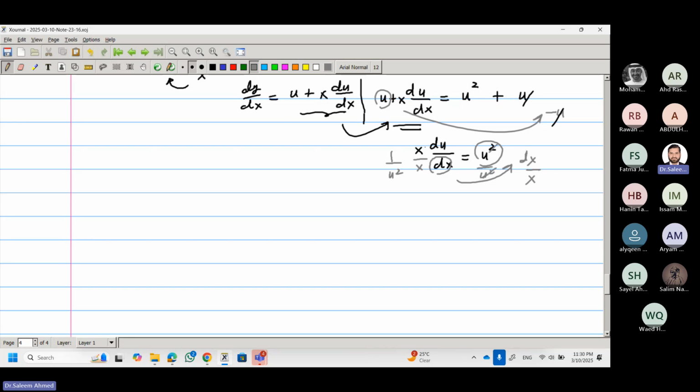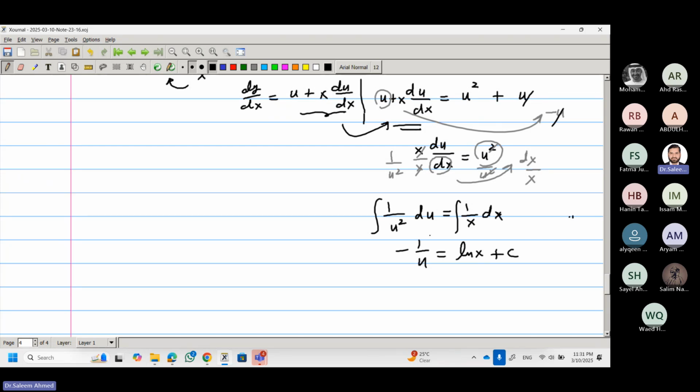So you got 1 over u square du is equal to 1 over x dx, a separable equation, right? Variables are separated. So you can stop here as well. If I ask you, this is a very simple question. Now, if you integrate, you will get the solution. Minus 1 over u is equal to log of x plus c. See? A separable equation is very easy to solve.